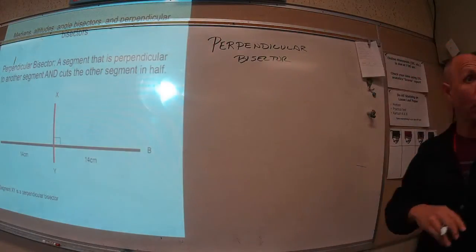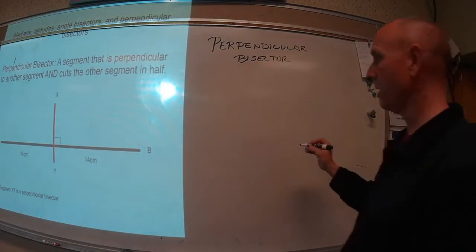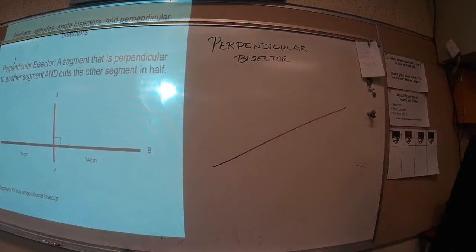It adds the idea of a perpendicular 90-degree angle with cutting it in half. So I draw a line, and I am now going to cut that in half with another line that's perpendicular to it.